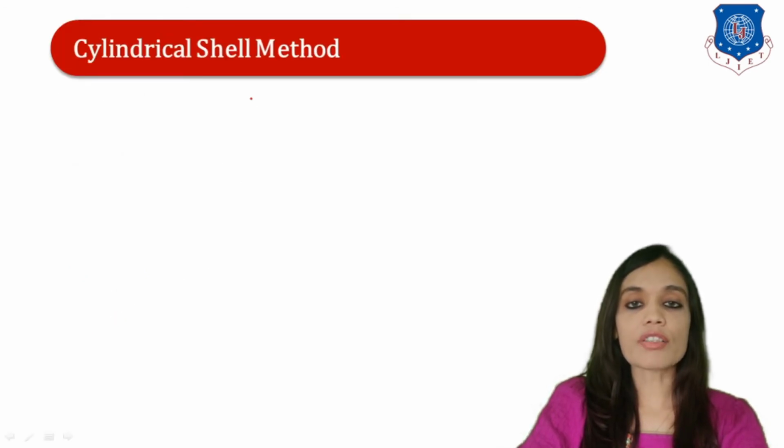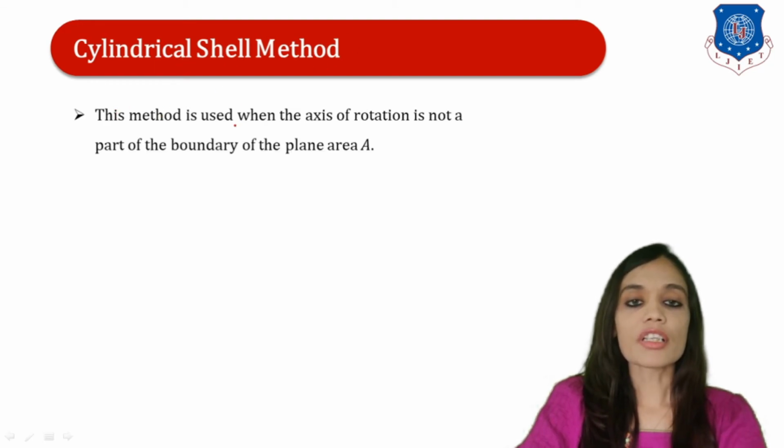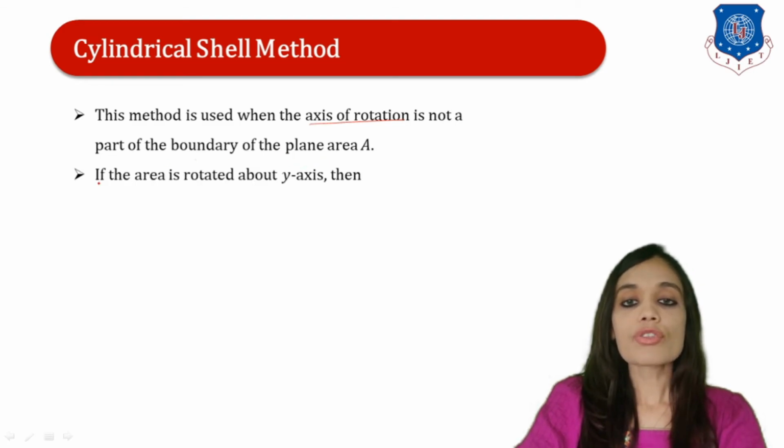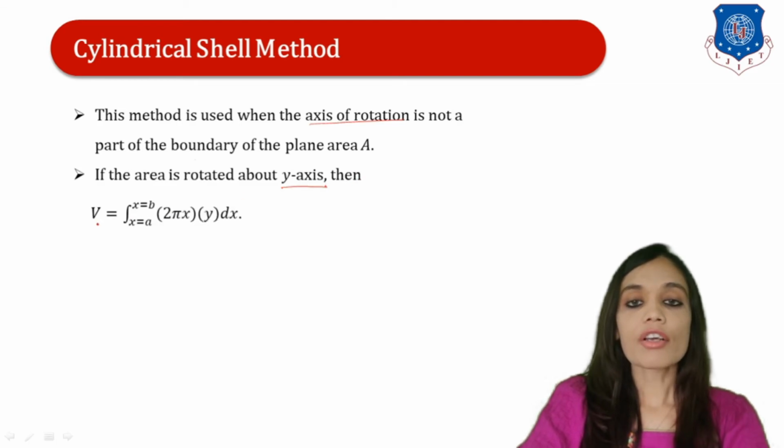So now let us go to our last method, that is the cylindrical shell method. This method is used when the axis of rotation is not a part of the boundary of the plane area A, right? So if the area is rotated about the y-axis, then V is given by the integral from x equals a to x equals b of 2 pi x y dx.